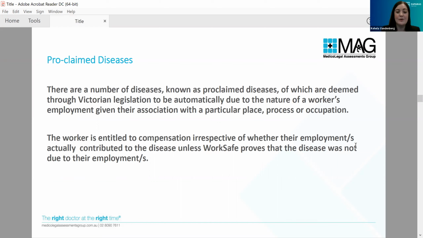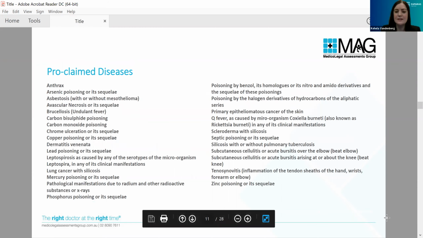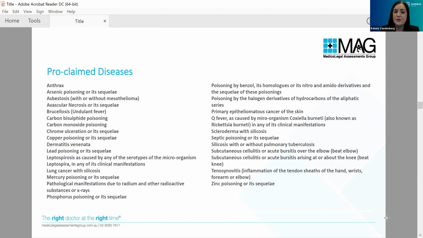So again, going back, I'll just show you the list in Victoria currently. Using silicosis as an example, they may be a receptionist who works remotely.